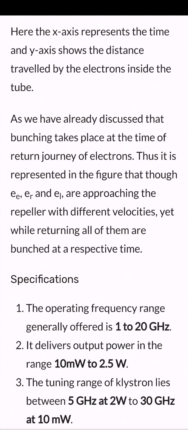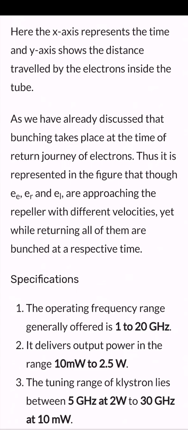So after the bunching process, at the end we will discuss the specifications. The operating frequency range generally offered is 1 to 20 GHz. It delivers output power in the range 10 mW to 2.5 volt.